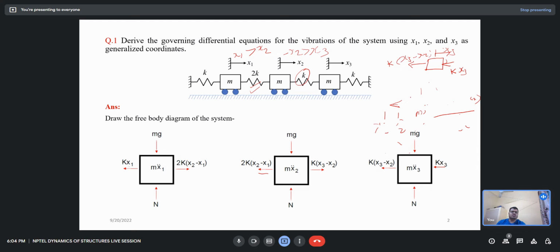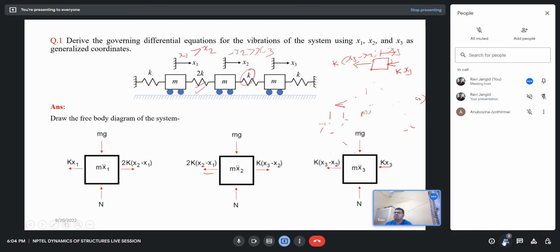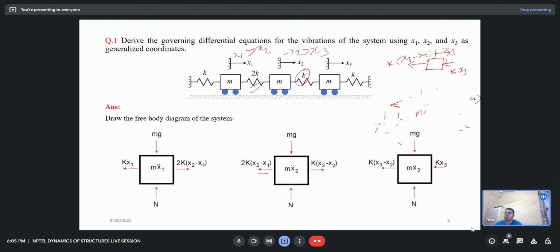This is the force I have written here. So have you understood how I draw the free body diagram? Is there any doubt? Jyotiramai, do you have any doubt in the free body diagram?